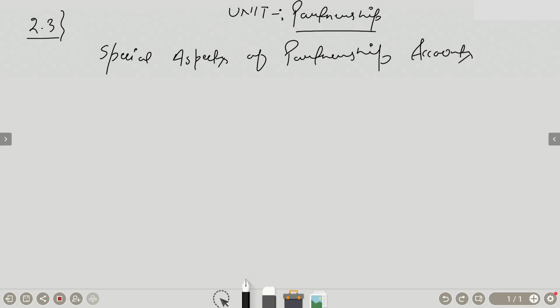After that, we classify similar transactions in a separate account, which is known as the ledger or principal book. The next step is summarizing, and after summarizing, analyzing and interpretation. The last step of the accounting process is communication. So previous year, we discussed all those steps of the accounting process.